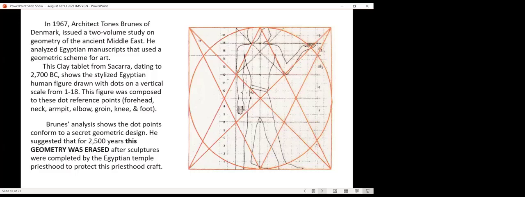Brunes's analysis shows that the dot points conform to a secret geometric design. And that was given to the sculptors in all of their work in the Egyptian stone sculpting, but the geometry was never revealed.